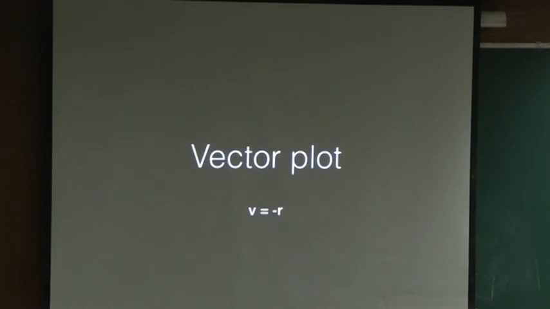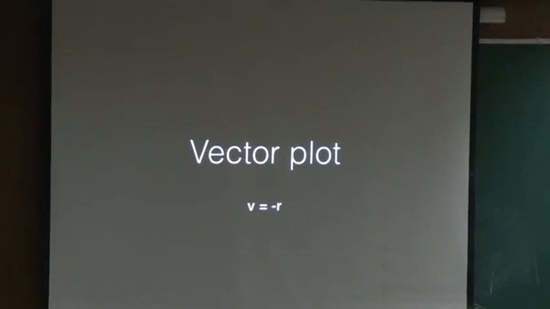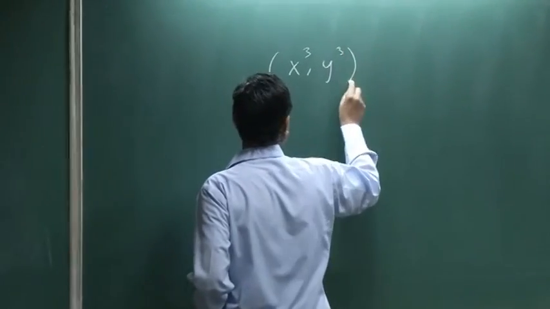A vector plot is useful in electrodynamics, lots of vectors. So, I want to plot minus r vector. Actually minus r cube, I changed it, because r looks too trivial. Actually, it is not r cube. It is a 2D vector, it is x cube comma y cube, it is not r cube, apologies.